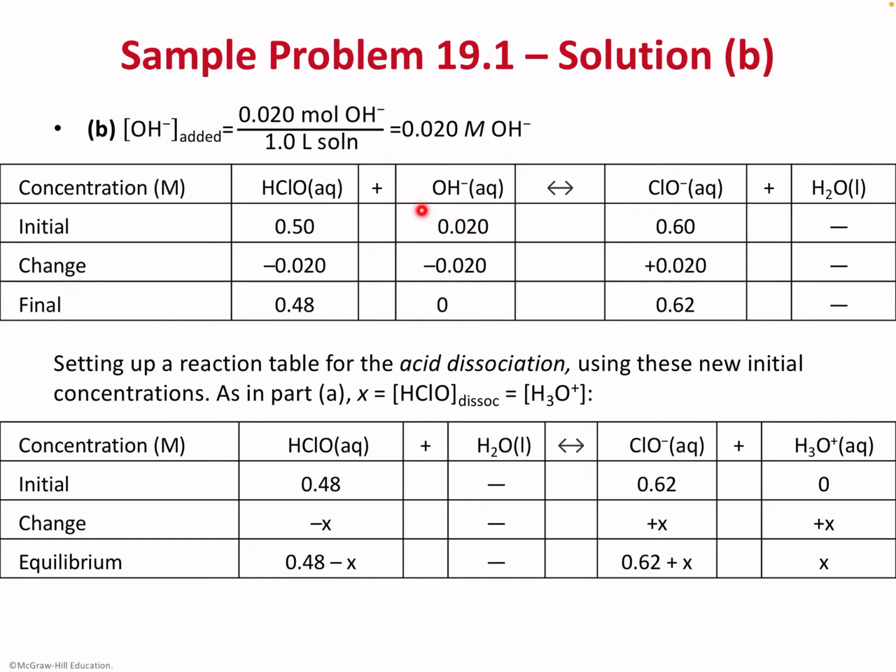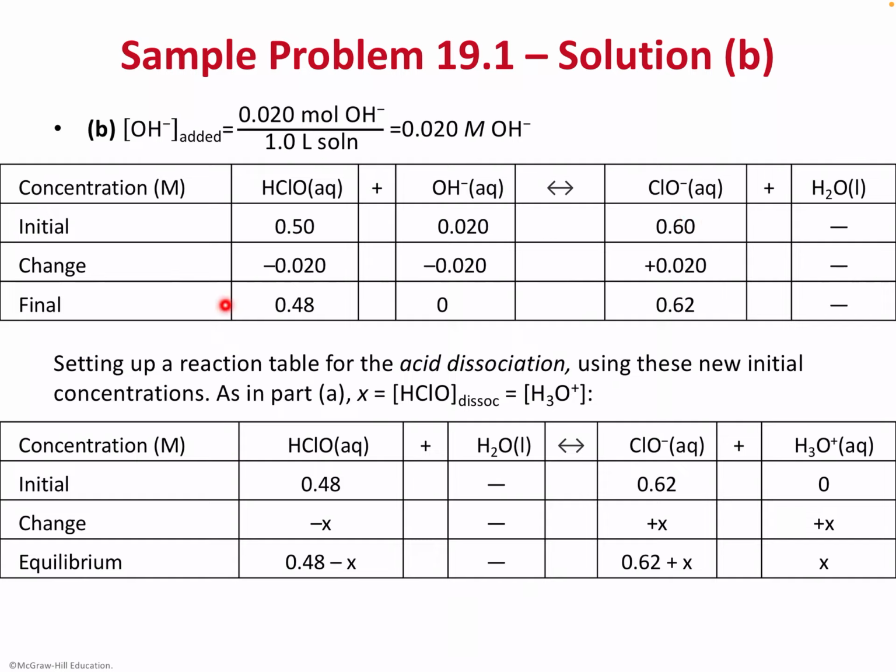It's like an acid-base reaction: the acid changes by negative 0.02, and the hydroxide also reacts negative 0.02. Since it's a 1-to-1 ratio, a new amount of hypochlorite ion is formed, positive 0.02. This amount is the change, which at the end will be added to the initial amount.